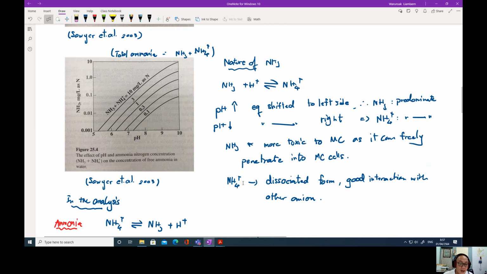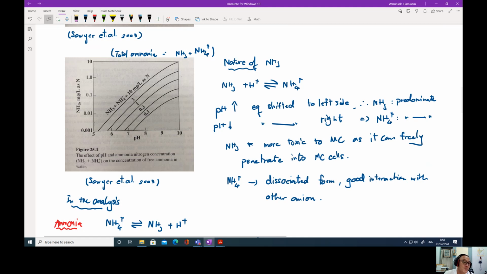But concerning NH4 plus, as it is the dissociated form, there is a charge around it. That is why it's a bit difficult to diffuse through the membrane of the cells. So talking about toxicity to the microorganisms, which one is more toxic? NH3 is more toxic, and it depends on the pH.